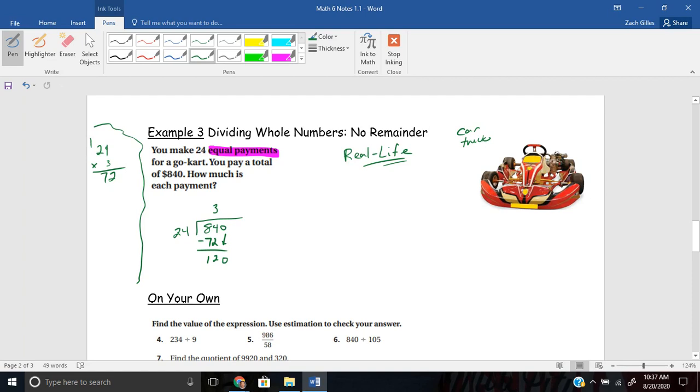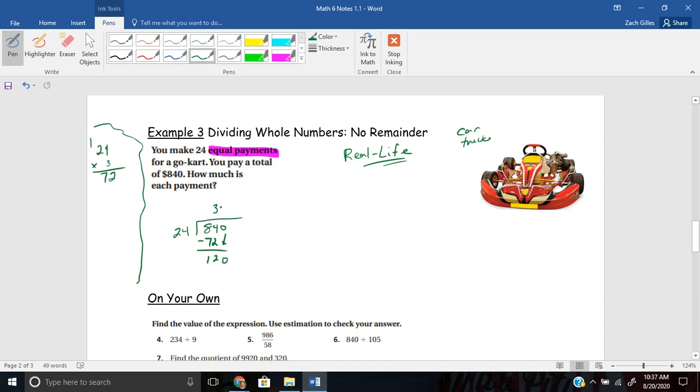And then I ask myself, how many times does 24 go into 120? If I were to round this to 25, I'm going to be thinking about quarters because quarters are 25 cents. So 25 cents, 50 cents, 75 cents, $1. That's 4 quarters. I could probably do one more and I'd get to $1.25, which would be close to $1.20.